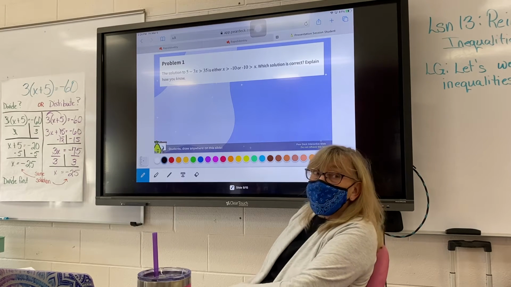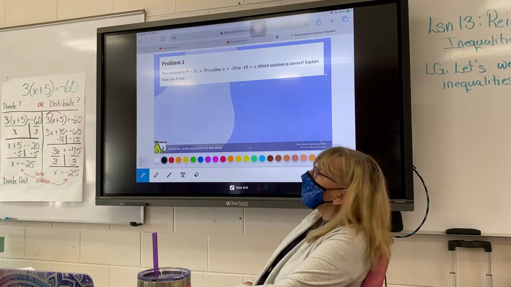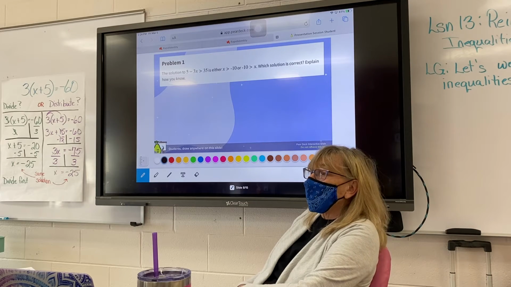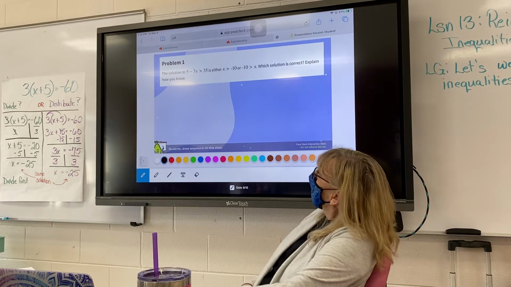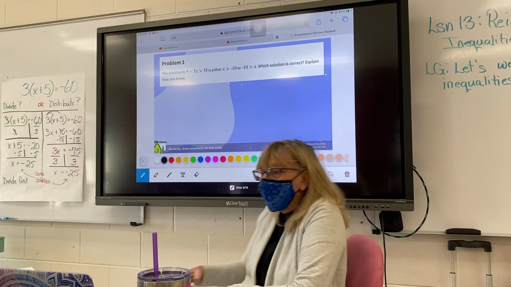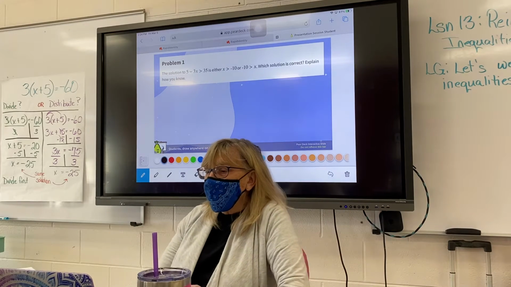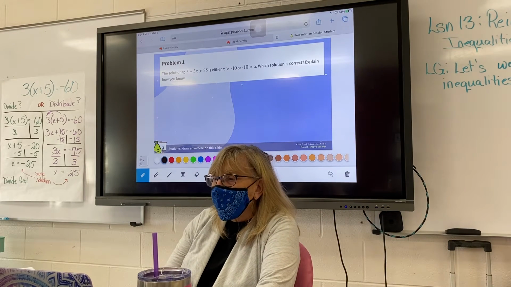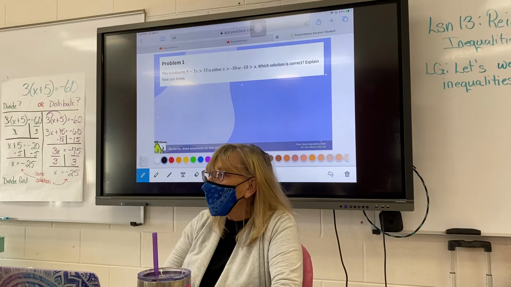One of those solutions is right. Which solution do you think is correct? And be prepared to explain how you know. Circle which one you think is right, and then be prepared to explain why.